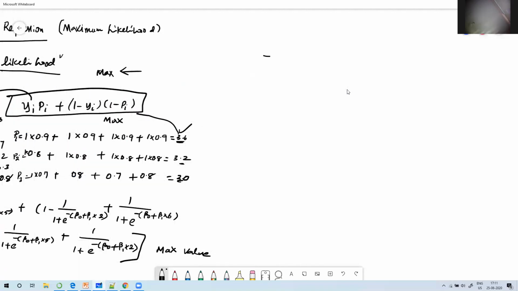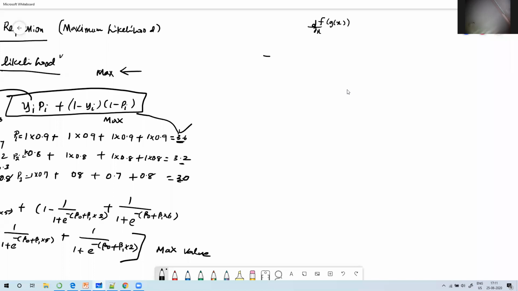When you are differentiating yi into pi, this is very difficult. When you have a product in the derivative, a into b, you have to use the chain rule, something like dou by dou x of f of g of x. This is like two functions within themselves, so these are very tricky.